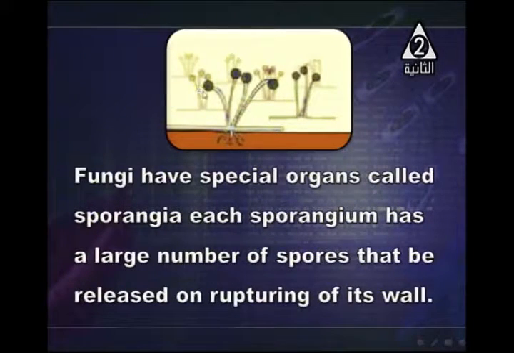This is the sporangium, which ruptures at a certain time, releasing the spores to fall on a suitable medium, then it fully grows to form another identical organism by spore propagation or sporogeny.